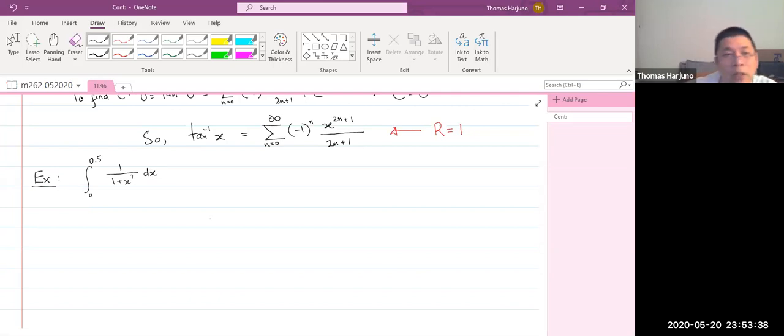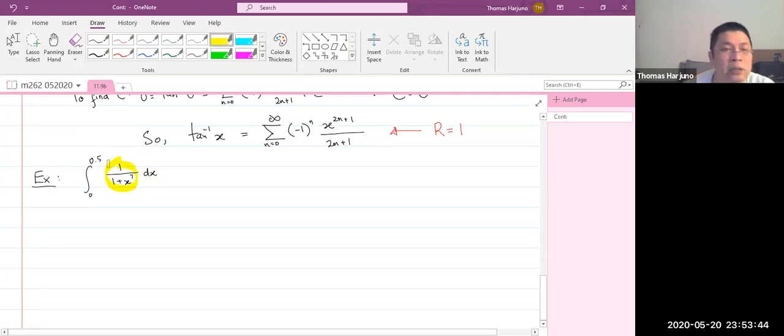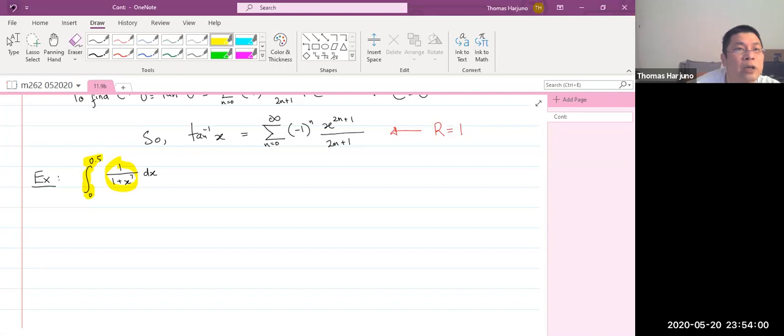But notice that we can represent this by a power series, and the radius of convergence is 1, which means it is well represented in this interval. Okay, let's work it out. But I will slow down a little bit now.